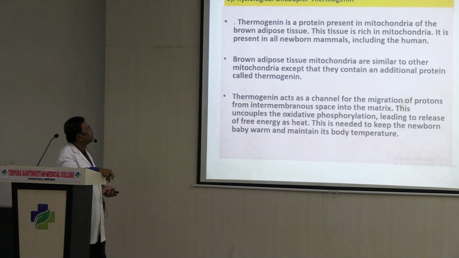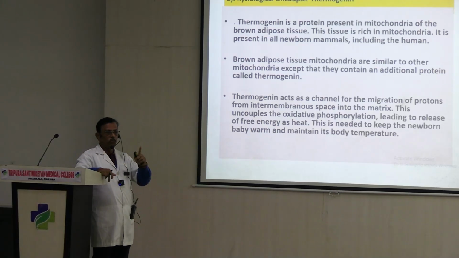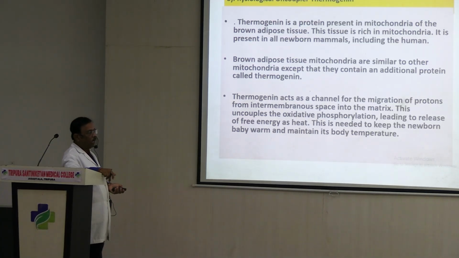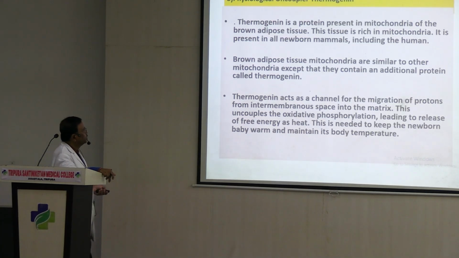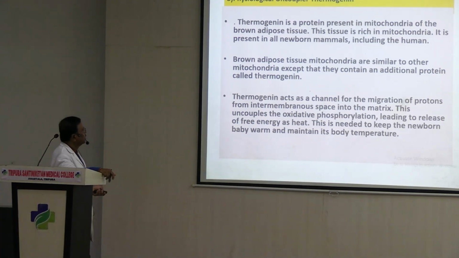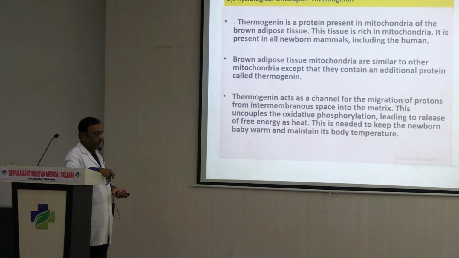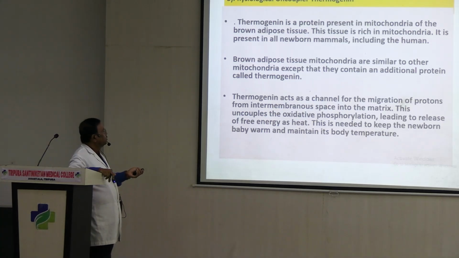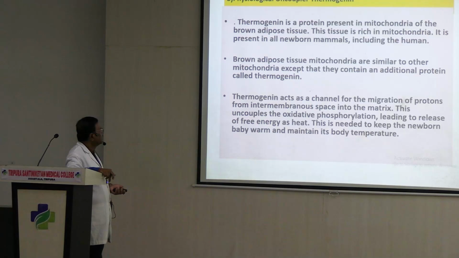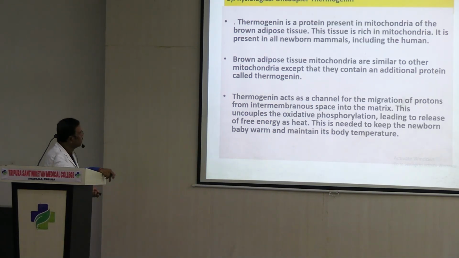Physiological uncoupler or thermogenin. Thermogenin itself may be given as a short note. Thermogenin is a protein present in the mitochondria of brown adipose tissue. This tissue is rich in mitochondria. It is present in all newborn mammals, including human. Brown adipose tissue mitochondria are similar to other mitochondria, except that they contain an additional protein called thermogenin.